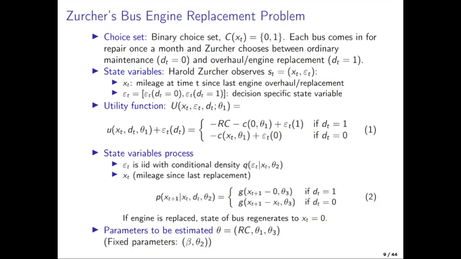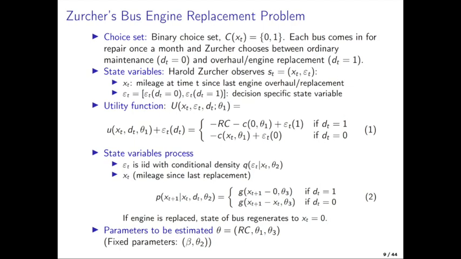So let's go to the engine replacement model of Zurcher. The choice set C is binary, 0 and 1, with 1 for replacement. Each bus comes in for repair once a month, and then Zurcher looks at it and decides whether he should just do ordinary maintenance or do a complete overhaul of the engine, an engine replacement.